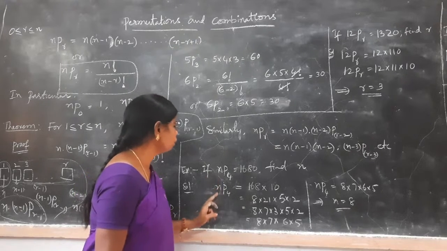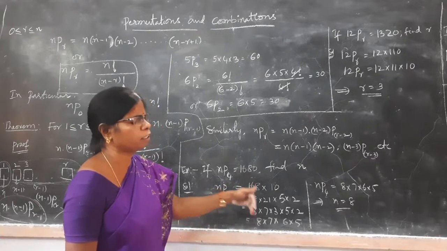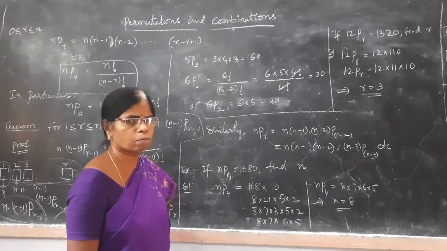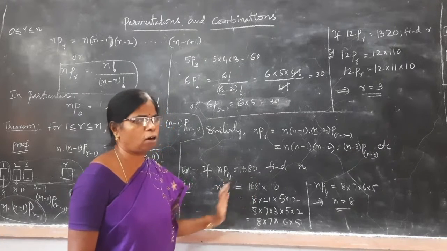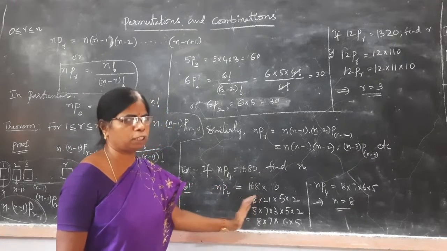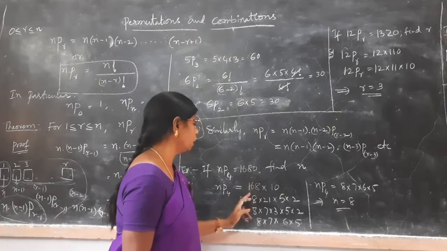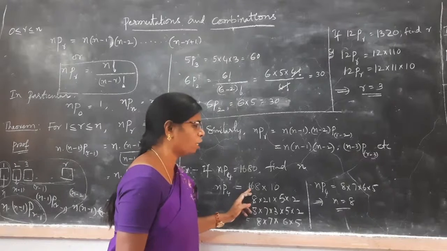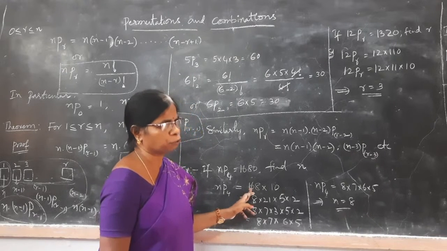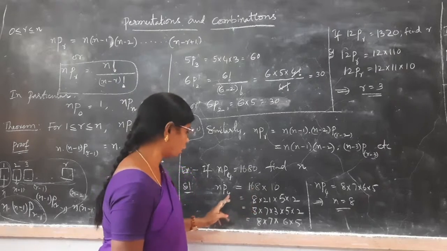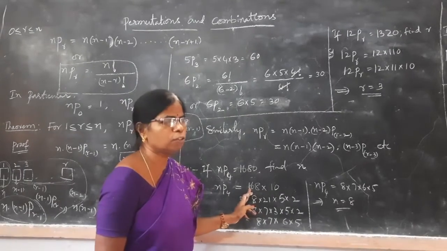Very simple. nP4 equals n into n minus 1 into n minus 2 into n minus 3. Beginning with n, how many terms do we have? 4 terms, a product of 4 consecutive terms. So I am trying to write 1680 as a product of 4 consecutive integers, because r is equal to 4.